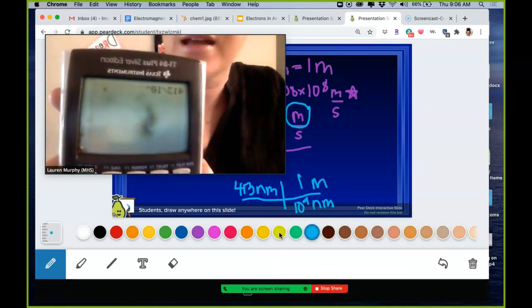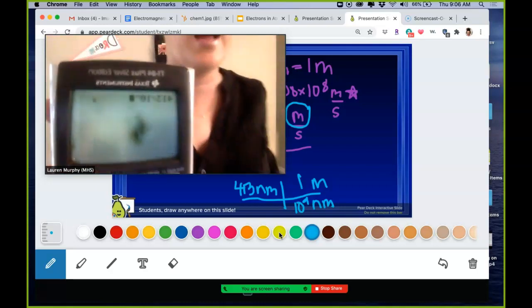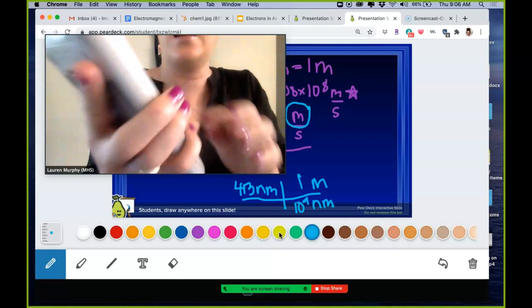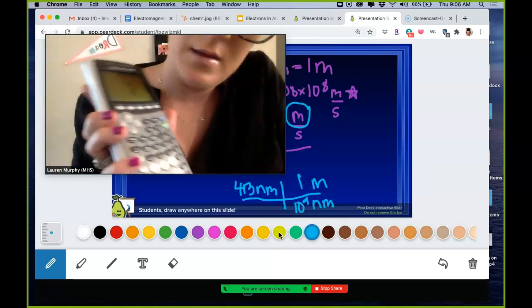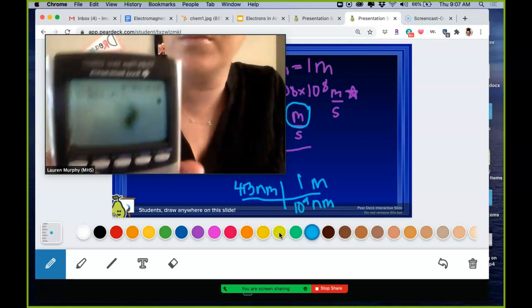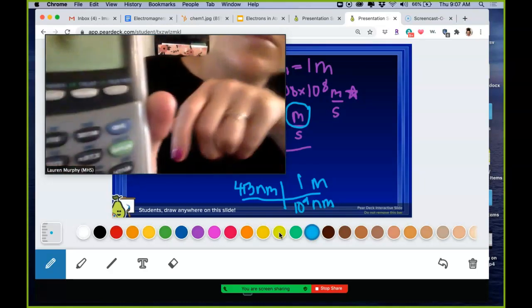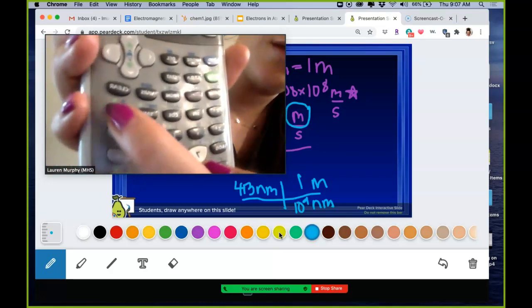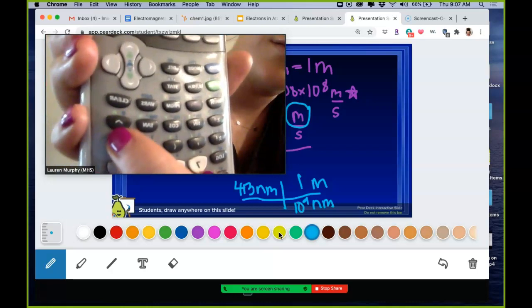It looks like an upward half triangle. That means 10 to the, and then you hit 9. And you get... Can you draw what it looks like? Because I can't see your screen that well.